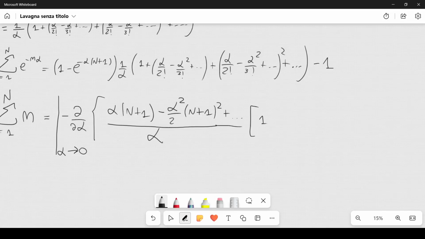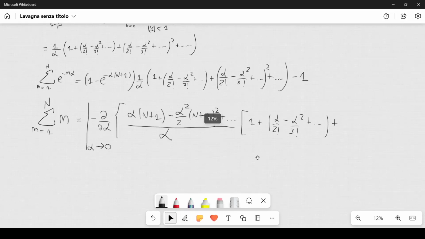We have just 1 plus alpha over 2 factorial minus alpha squared over 3 factorial plus dot dot dot. And then we also have these other terms: alpha over 2 factorial minus alpha squared over 3 factorial plus dot dot dot, squared, plus dot dot dot, like this. So we can close this bracket.